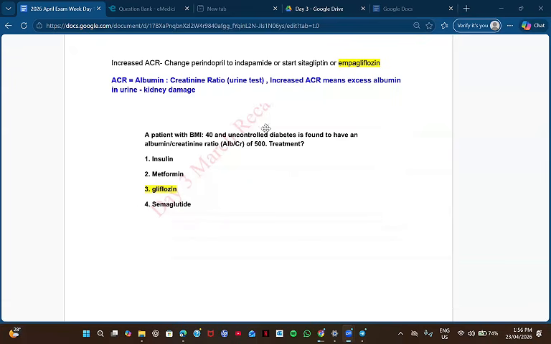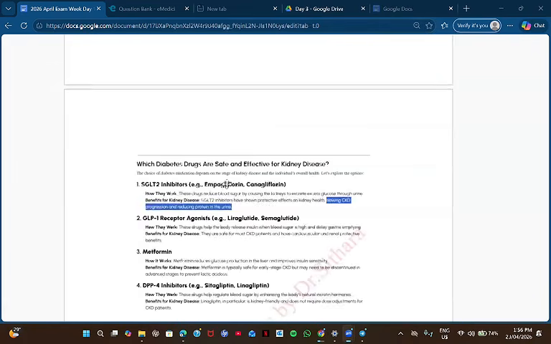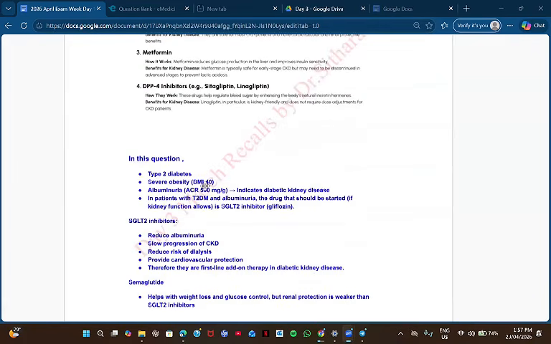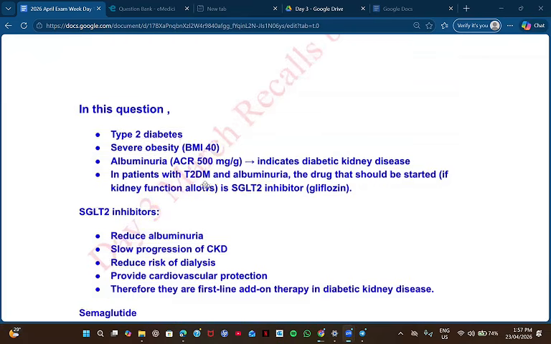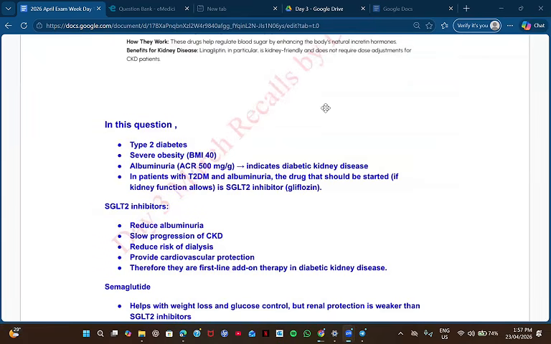This example is from the day 3 March recalls. A patient with BMI 40 and uncontrolled diabetes is found to have an albumin creatinine ratio of 500. What is the treatment? This is type 2 diabetes, severe obesity, BMI 40, albuminuria, ACR of 500, very high, right? It indicates diabetic kidney disease.